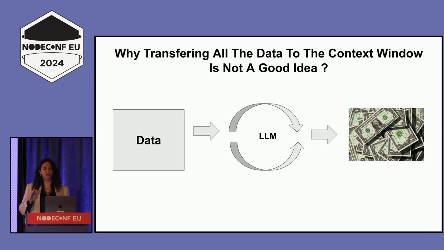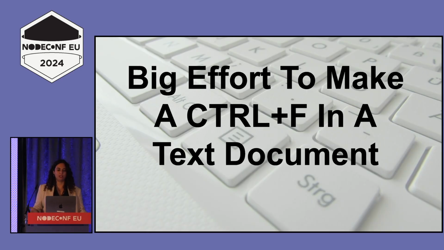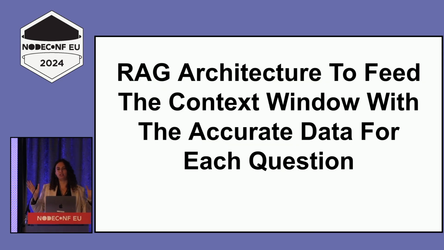To find the relevant data, it's running really powerful computations. So you get to a situation where you are making a really big effort to do a Control-F in a text document. That is also not the path that you want to go down. The path you want is to give the LLM the exact data which is relevant to the question.